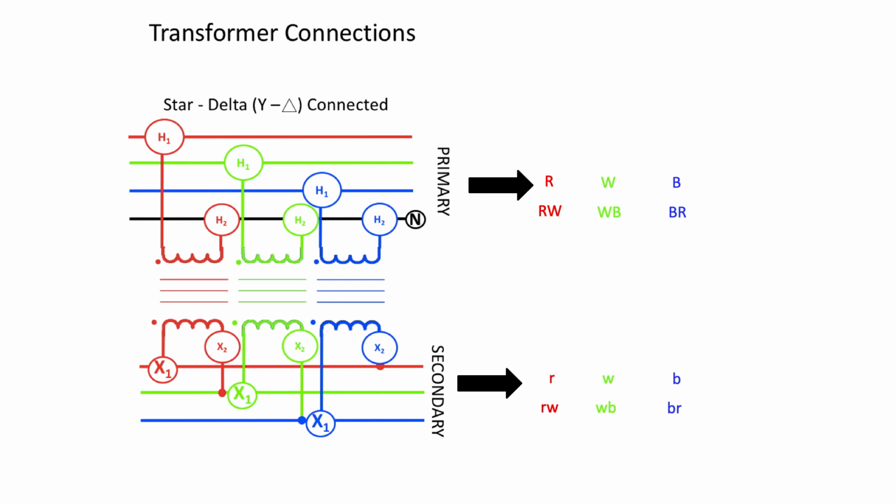Now, when I talk about the phase to neutral voltages, they should always be two designations or two points, because that's what describes a potential difference. So in the case of the primary side, I'm going to be using capital letters again, red to neutral, white to neutral, blue to neutral.